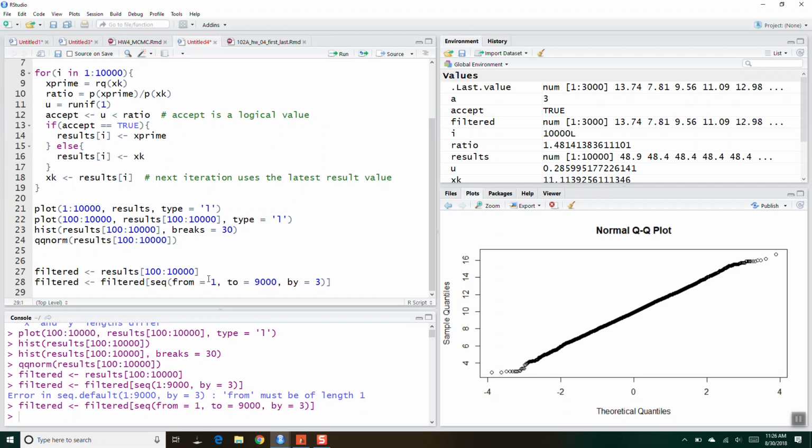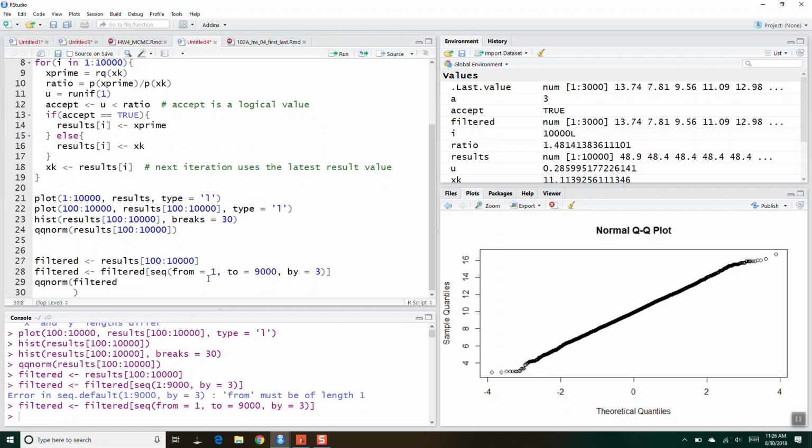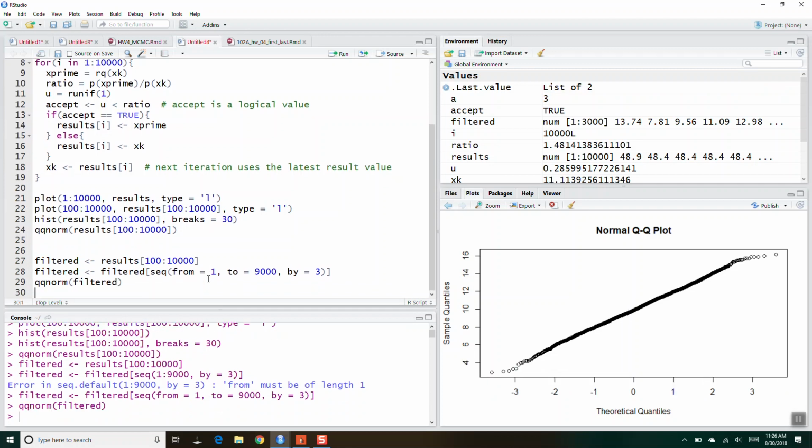And then we can take a look at our filtered results, see if that cleans it up any better.